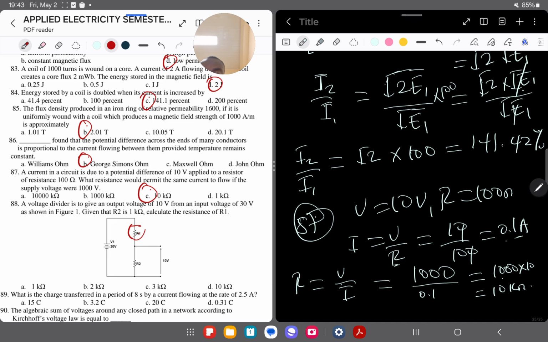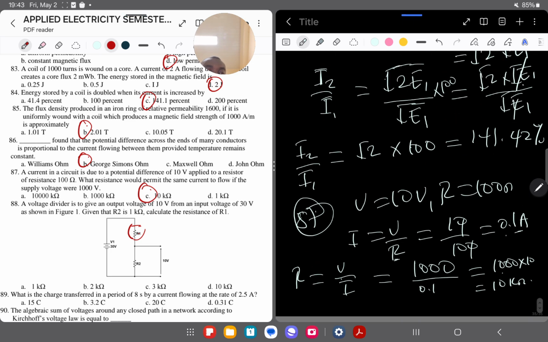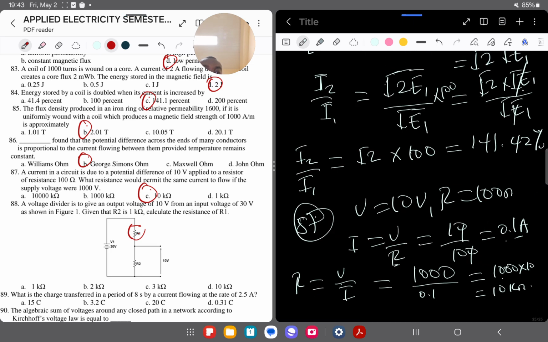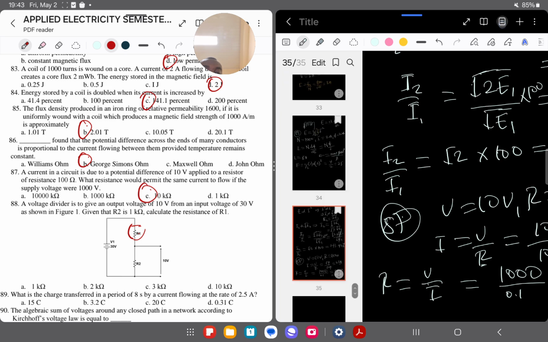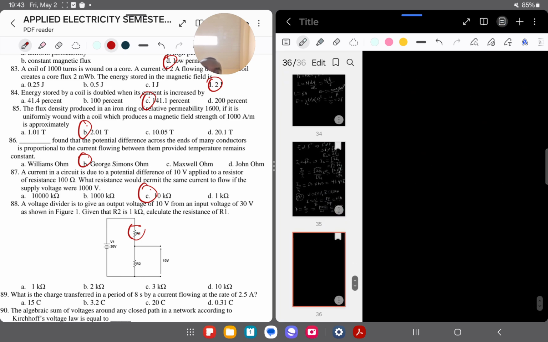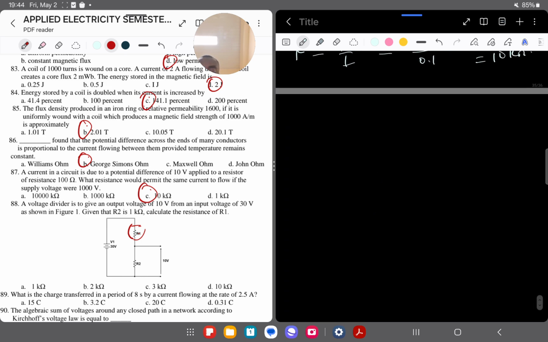It's a voltage divider. What that means is that the resistors are connected in series. R1 and R2 are in series, so the same current will pass through them.